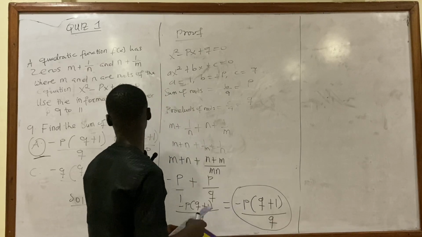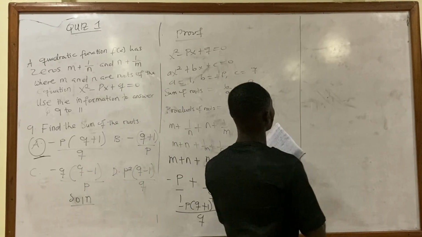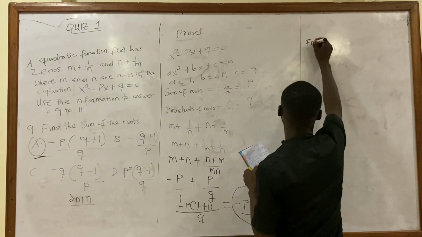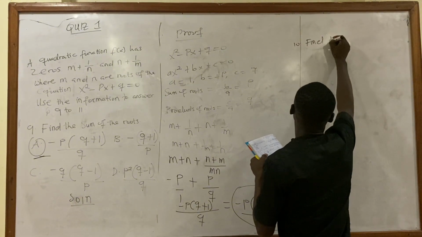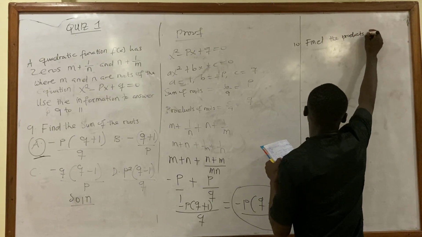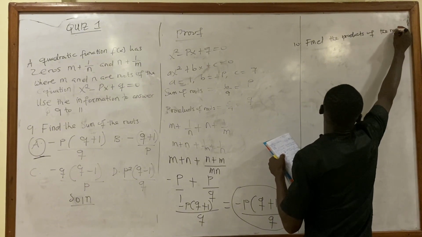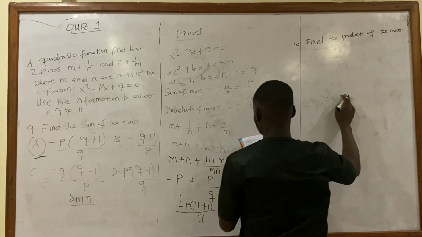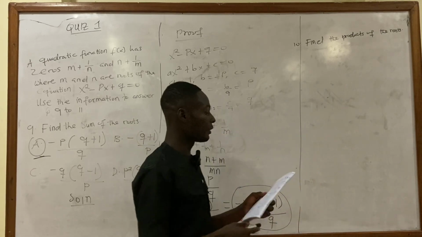And the question then says we should find the product of the roots. But now we have the sum already.